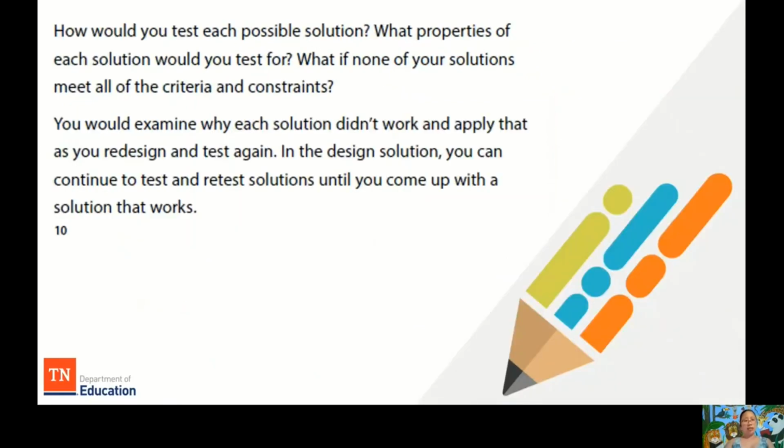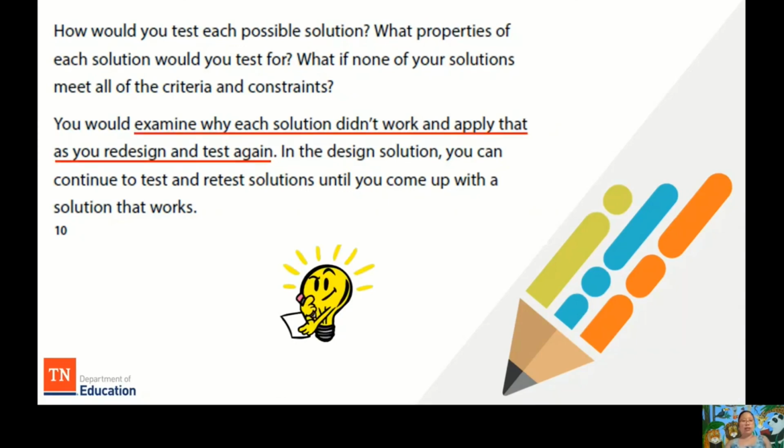How would you test each possible solution? What properties of each solution would you test for? What if none of your solutions meet all the criteria and constraints? Like in this example, none of the 3 fit all of our criteria and constraints. You would examine why each solution didn't work and apply that as you redesign and test again.